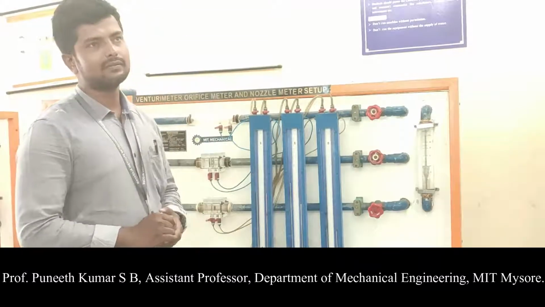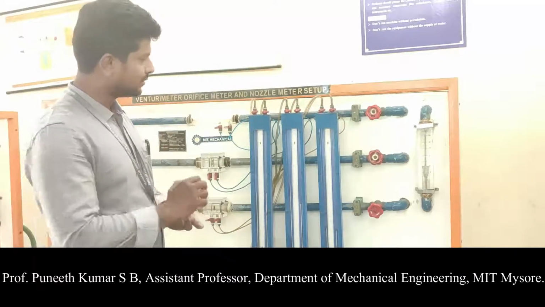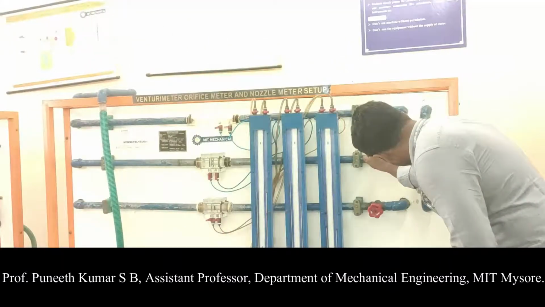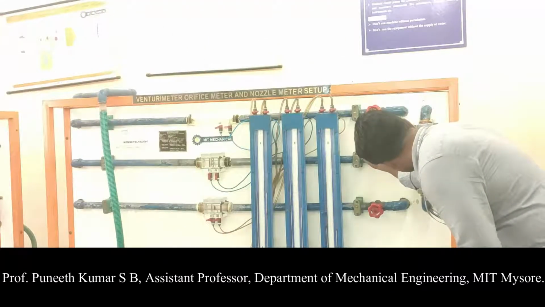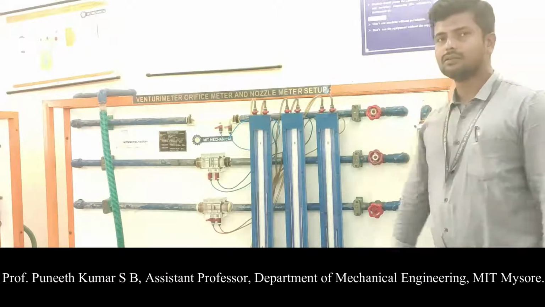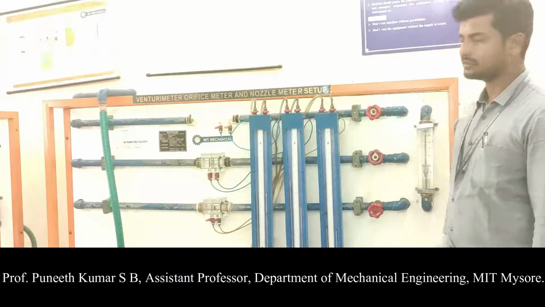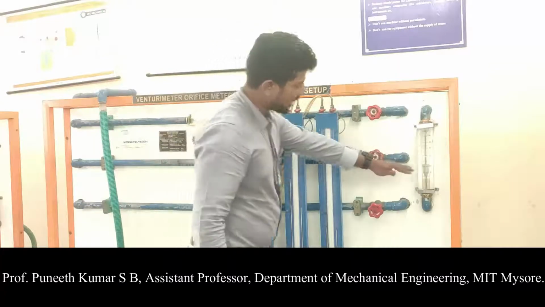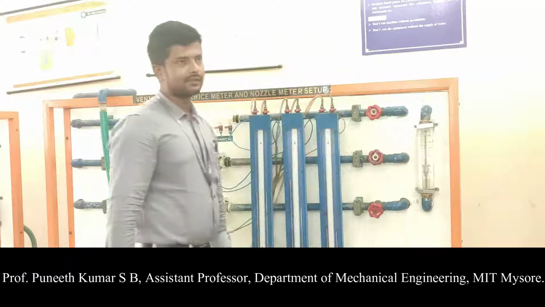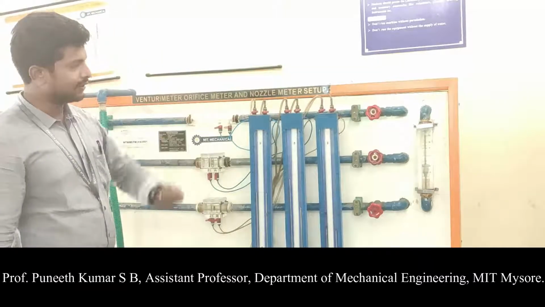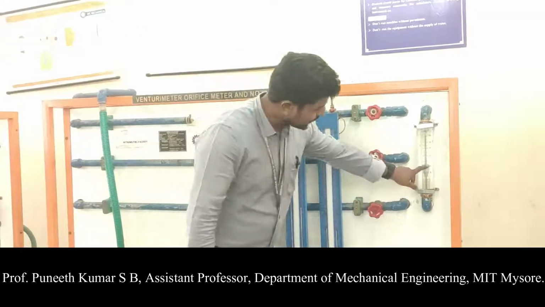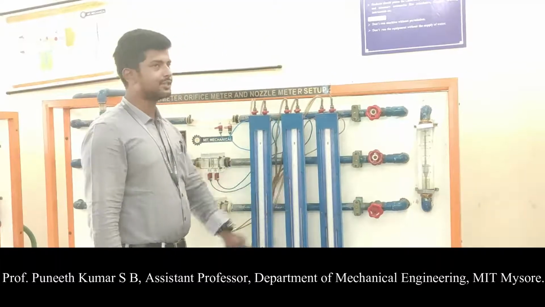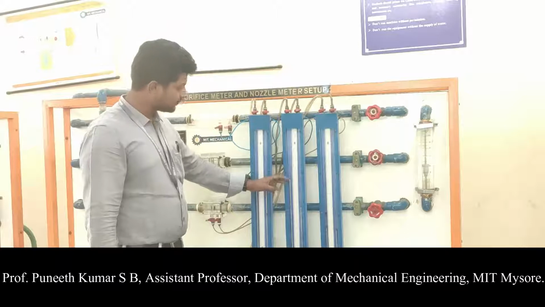Moving on to the next trial, we need to adjust the valve, so now I am adjusting it to 24 liters per minute. Once we have changed the flow rate, we can once again witness the variation.